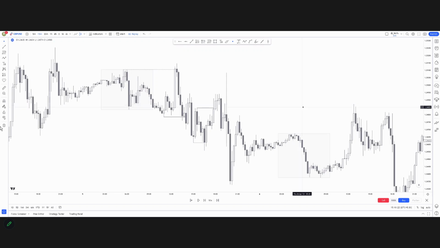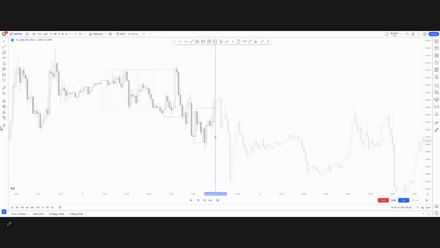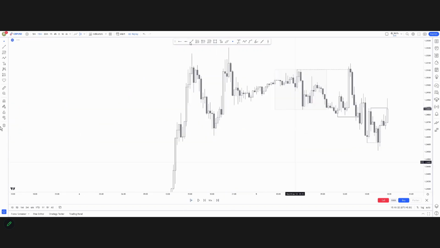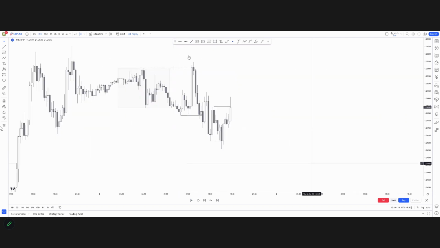Internal range liquidity is all the swing points inside the trading range. A trading range is basically from this high to this low. Every swing point inside this is what we call internal range liquidity.